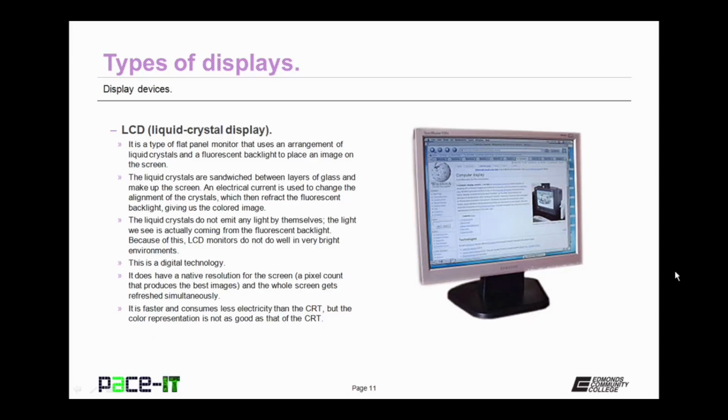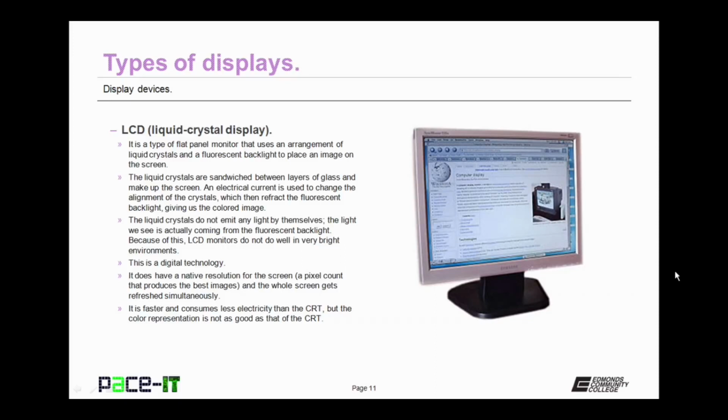Now let's talk about the LCD display, the liquid crystal display. Now this is a type of flat panel monitor that uses an arrangement of liquid crystals and a fluorescent backlight to place an image on the screen. The liquid crystals are sandwiched between layers of glass and make up the screen that you see.